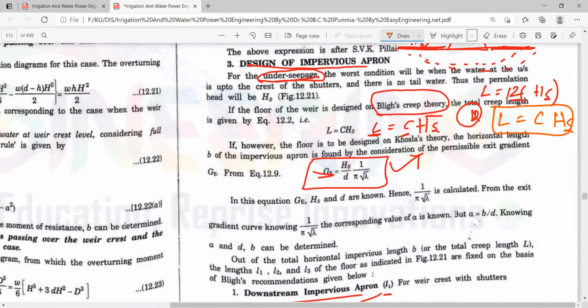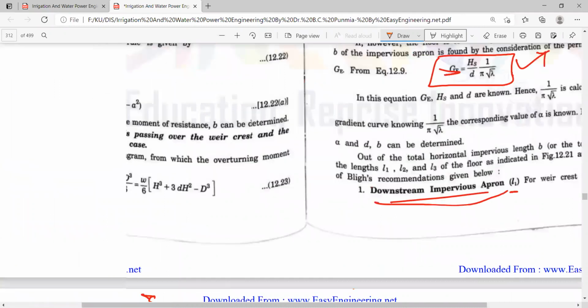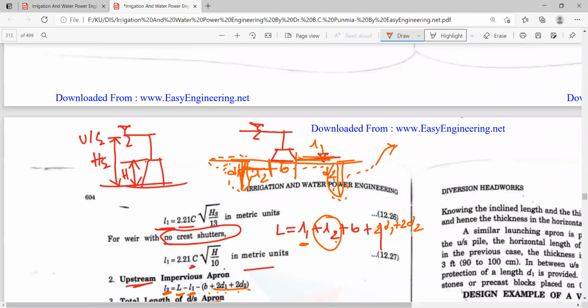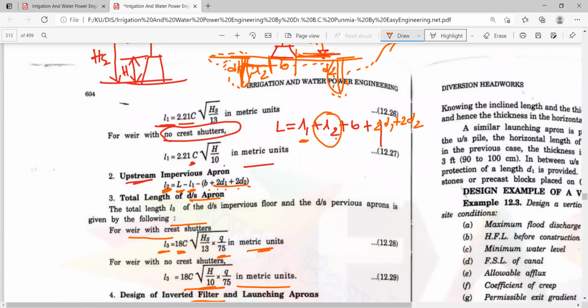From the total length of creep, we need to calculate the upstream side and downstream side impervious aprons, L1 and L2. And the total length of downstream side apron, we can calculate the L3 value.